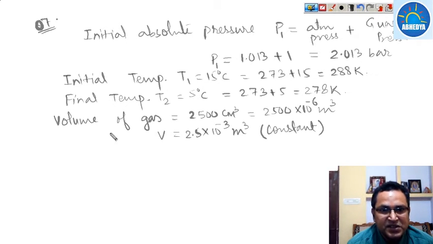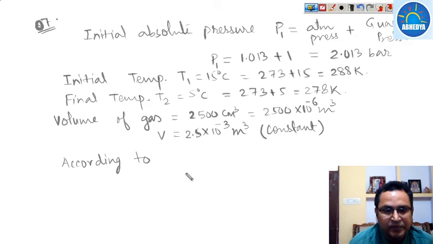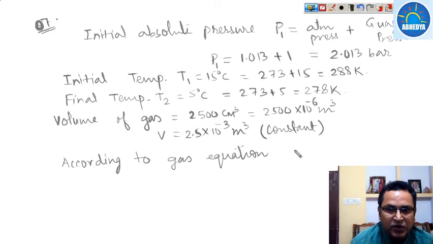So since the volume remains constant, according to the gas equation, when volume is constant, then P is directly proportional to temperature.